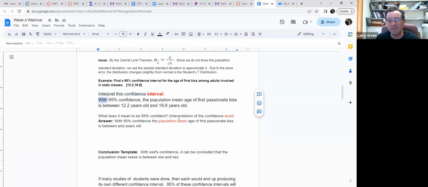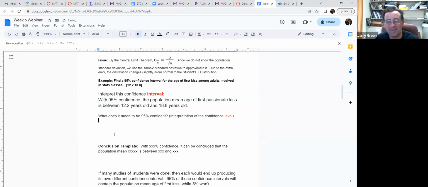Okay, it's an easy word to remember because it's not like some fancy statistics word. So whenever you want to interpret the interval, then you just start with the word with, and that will help you out. And then it's with 95% confidence, the population mean age of first passionate kiss is between 12.2 years old and 18.8 years old. I guess I already did that, so I don't have to do this. Any questions on that?